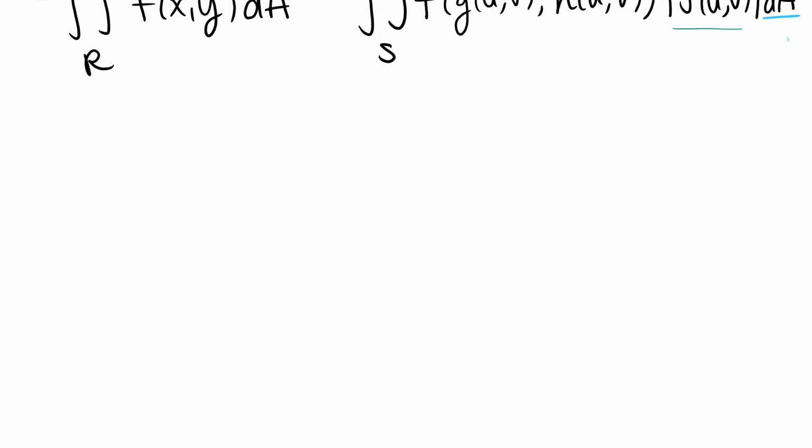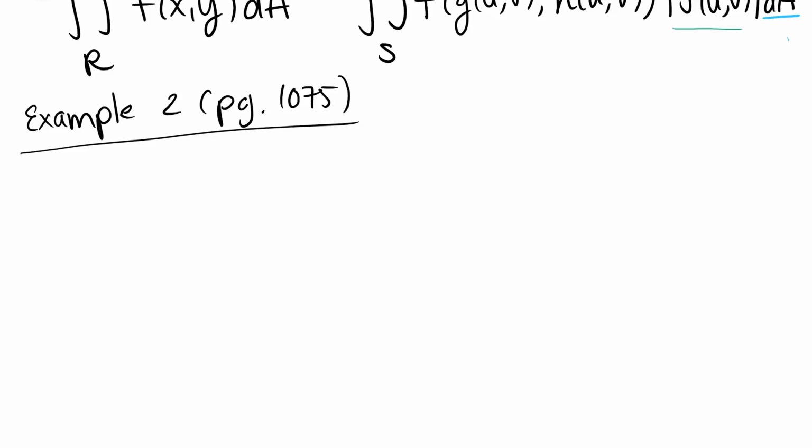It's interesting, you should look at example 2 in your book on page 1075. What's cool about this example is it shows that the Jacobian for polar coordinates is r.